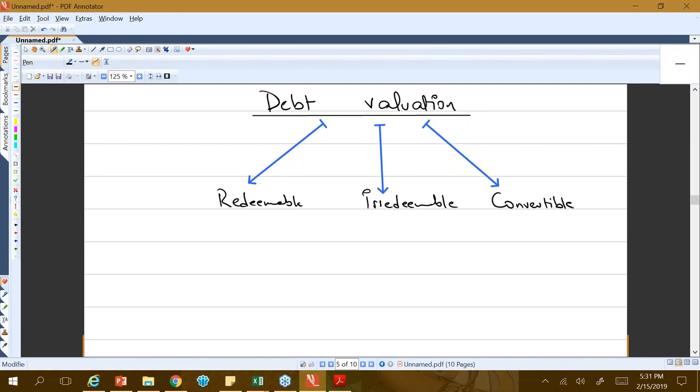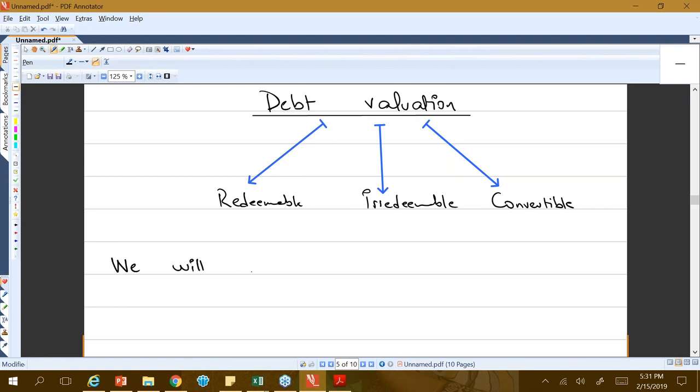Redeemable debt is the one which will be redeemed, or the capital payment will be done at the end. Irredeemable debt is where we do not pay the principal, and convertible is where the debt is converted to equity in the future.